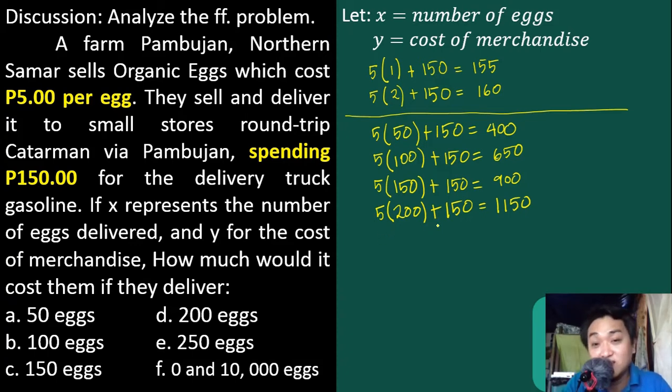So, hulaan nyo nga kung anong gagawin natin. Malamang, that is 5 times 250. Kasi 5 nga, katulad nung in-explain ko kanina, yung 5, yung presyo ng itlog eh. Plus, syempre, yung panggasolina, which is 150. That will be the cost of merchandise.